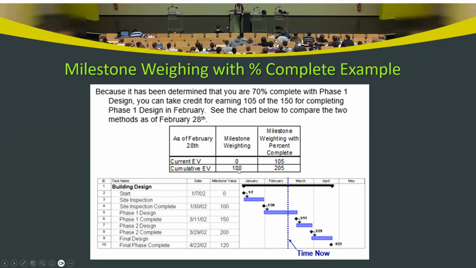So 100 is the milestone weighing for January, and cumulatively you add the previous partially earned value to the 100, which gives us a cumulative earned value as of February 28 equal to 205.